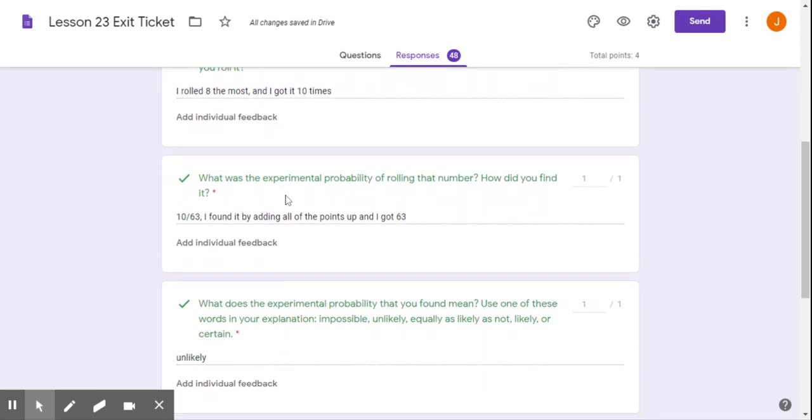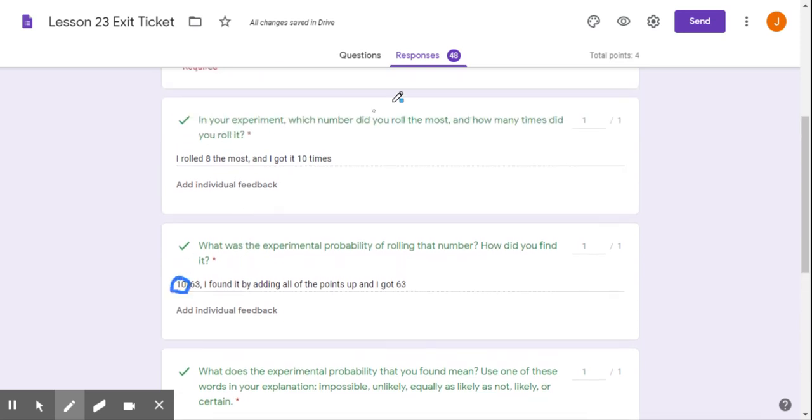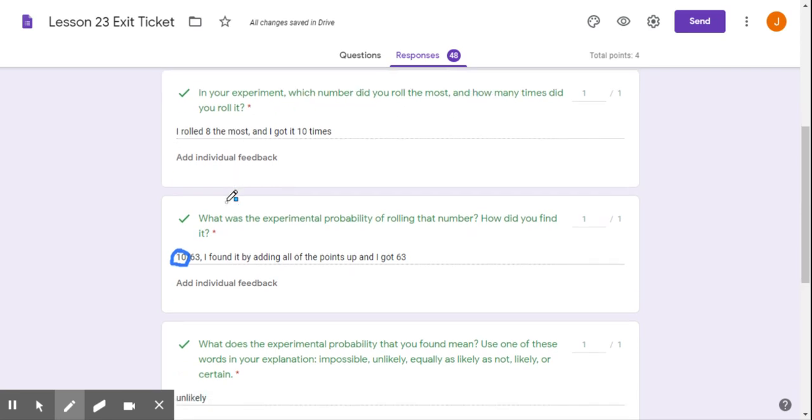The second one says, what is the experimental probability of rolling that number, and how did you find it? Remember, experimental probability is a fraction. The numerator is the number of times the thing you're talking about happened. Darwin rolled an 8 10 times, so the top of his fraction is 10.